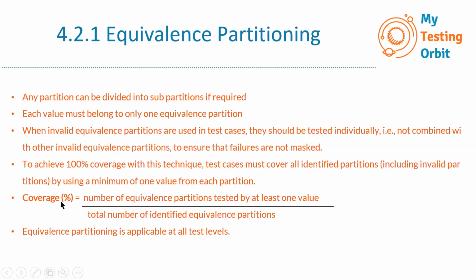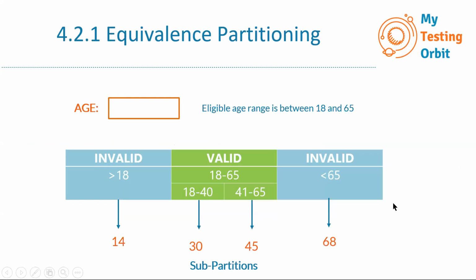How do we measure the coverage in terms of percentage? We use this formula: the number of equivalence partitions tested by at least one value divided by the total number of identified equivalence partitions. This gives us the coverage in terms of percentage. So let's say we have 3 equivalence classes, but we are only taking data from 2, then it will not give us 100% coverage.